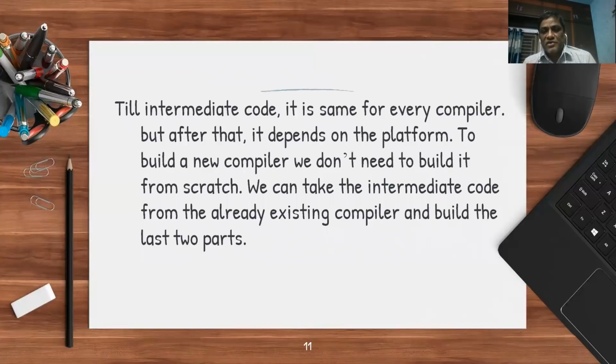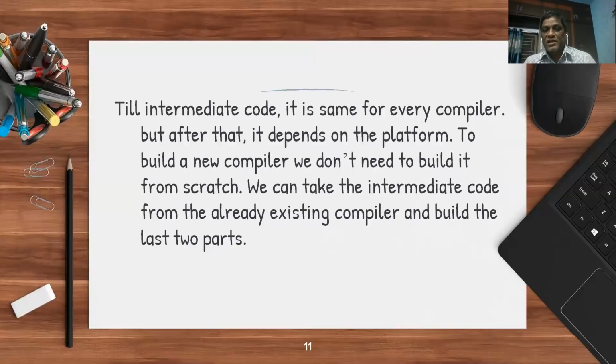If you observe the difference, there are many differences between these two compilers, but irrespective of those differences, the first four phases are going to be the same. So even if you develop another C compiler also, the first four phases will not change.